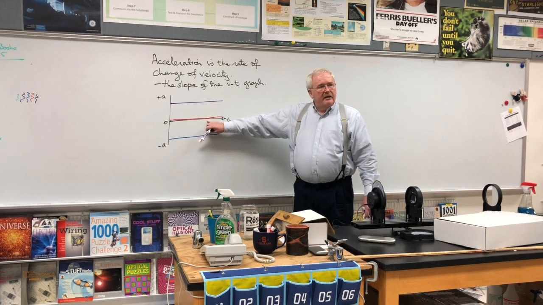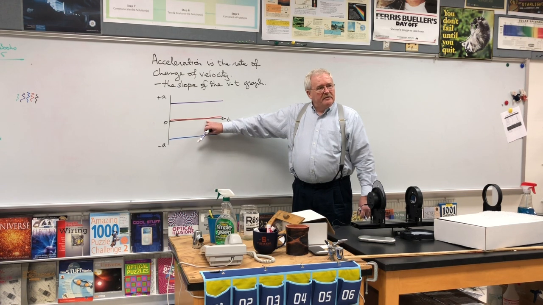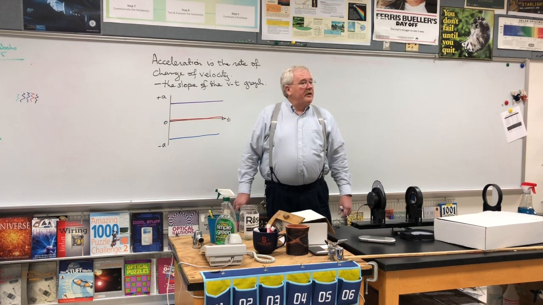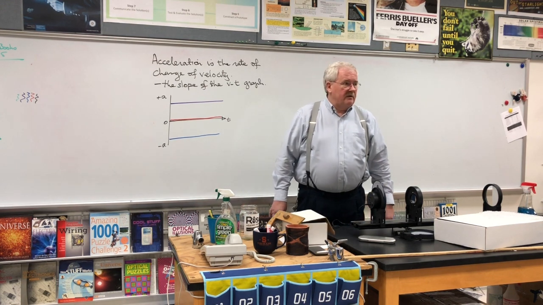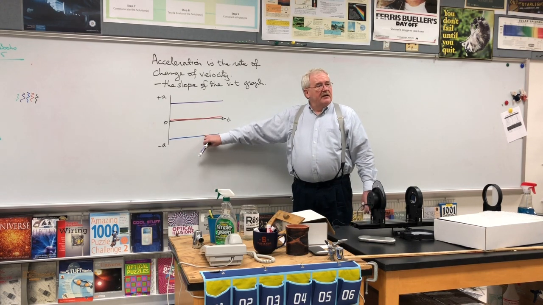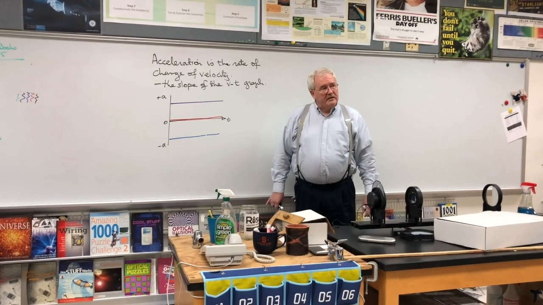The tricky thing about acceleration is we don't have a lot of information. We don't know what velocity we started with, and we don't know where we started. So as a consequence, each one of these can mean a number of different things.